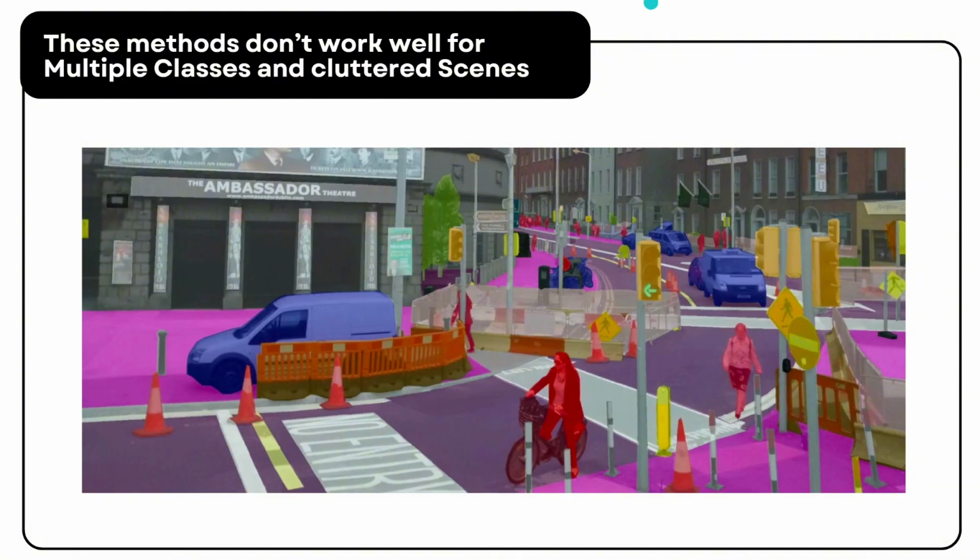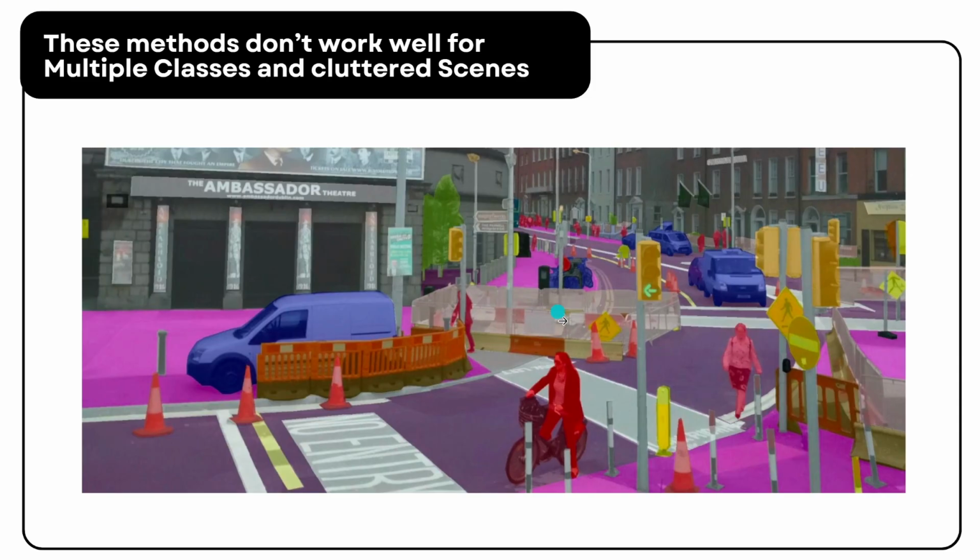As a result, overlapping or similar colored objects are often misclassified. Small or distant objects may be lost entirely, and there's no understanding of object categories, like distinguishing between a person and a pole in this case.